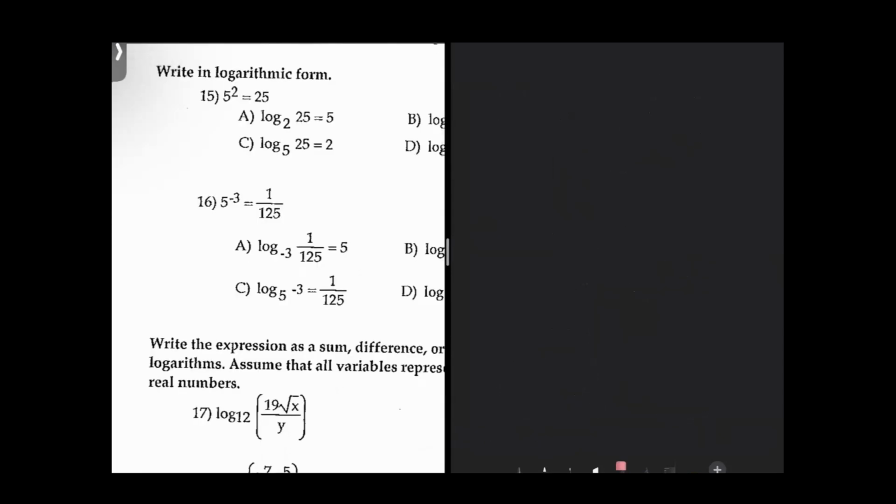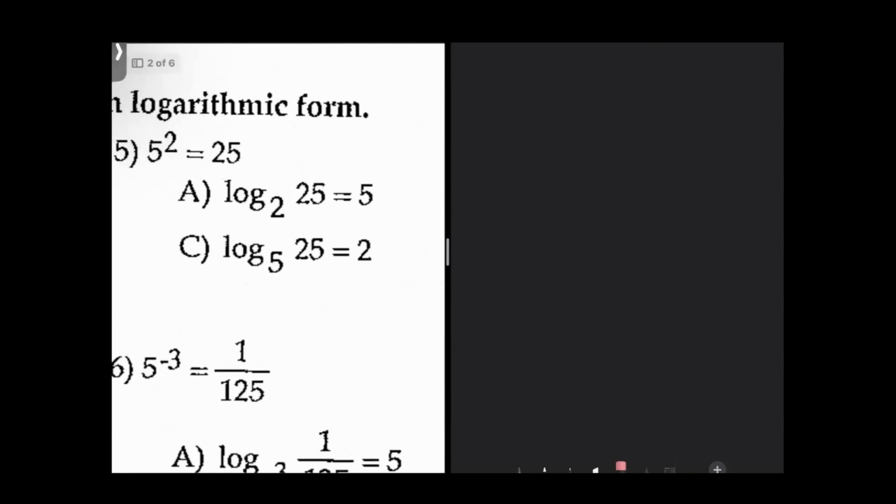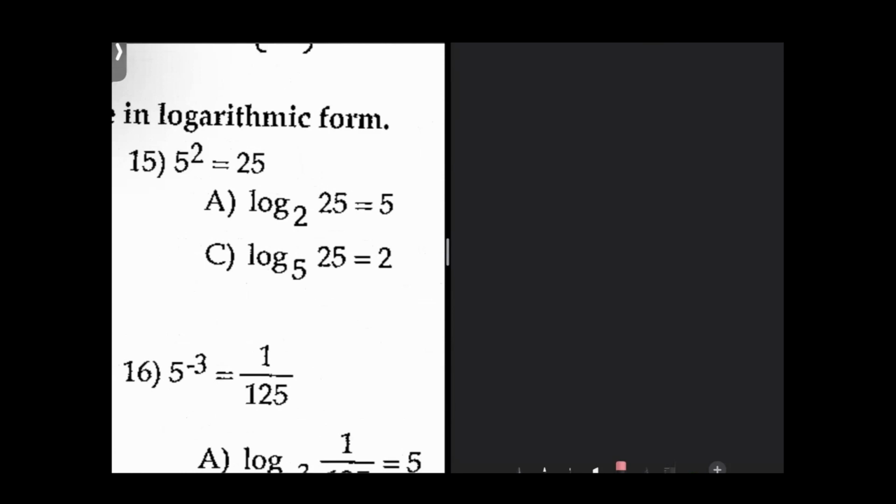For number 15, they want us to write in logarithmic form. So we're pretty much doing a conversion, no evaluation. What's given is the exponential, and I want to convert it into logarithm.